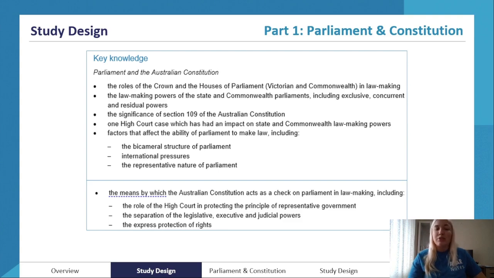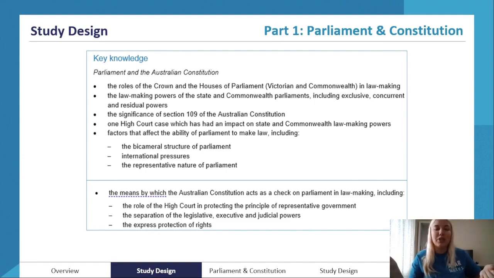And the means by which the Australian Constitution acts as a check on Parliament in lawmaking, so ensuring that there is no corruption or abuses of power. The reason the Constitution is such a strong protection for us as members of the public is because nothing in the Constitution can be changed without a successful referendum. Unlike your usual laws and acts, Parliament can change any of that as they wish.